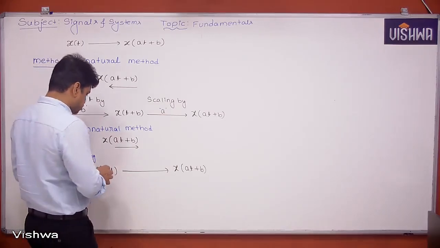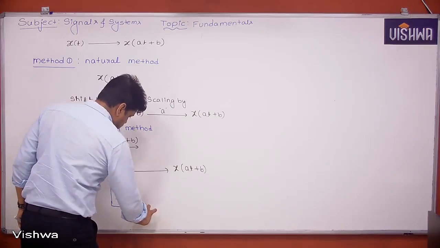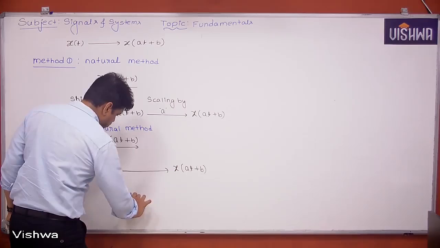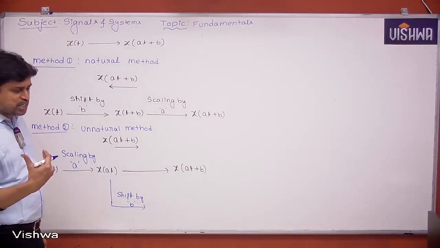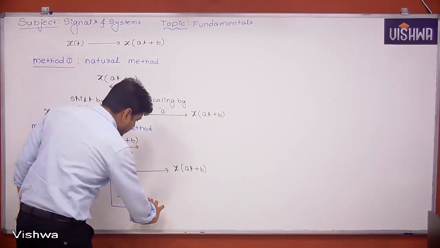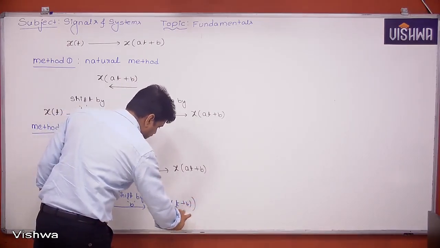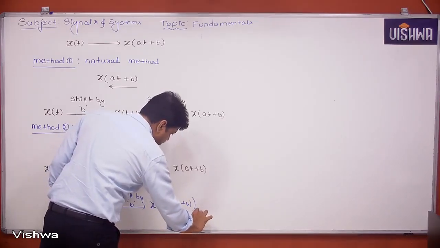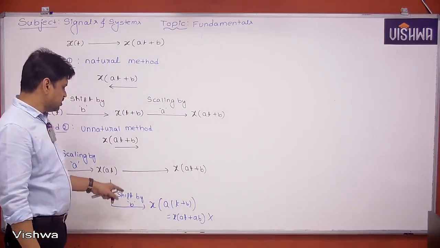Let's say if I take the wrong method, shift by b means t has to be replaced with t plus b. That means x of a t plus b. Finally, this is x of at plus ab. That is not what we require. That is not the correct answer. So we cannot shift by b units.